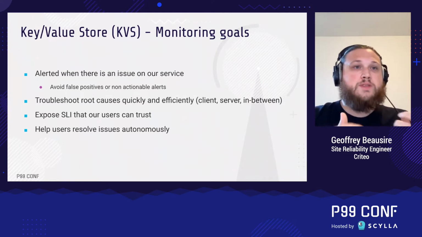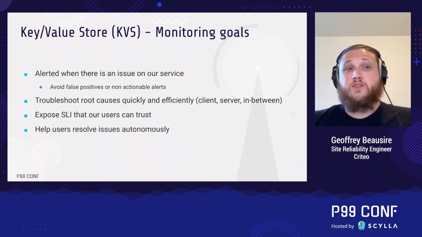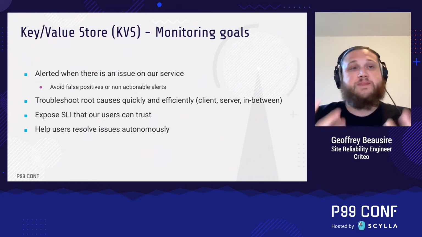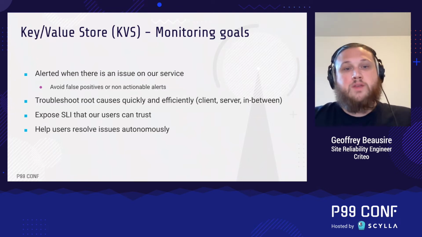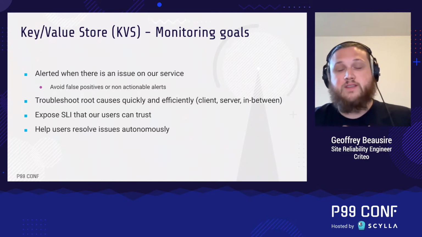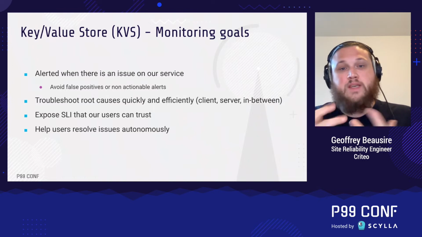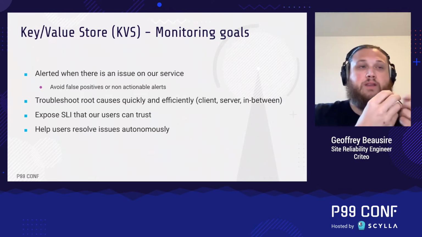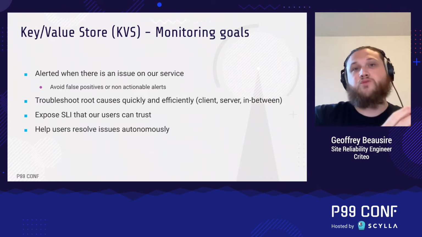And we want to expose SLIs that our users can trust so that they can help themselves resolve issues. If they have latency and our SLIs, our service level indicators, are good, they can focus their effort on trying to find what on the client is wrong.